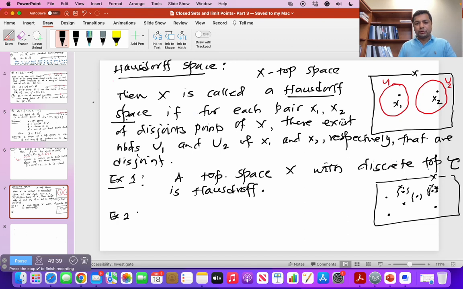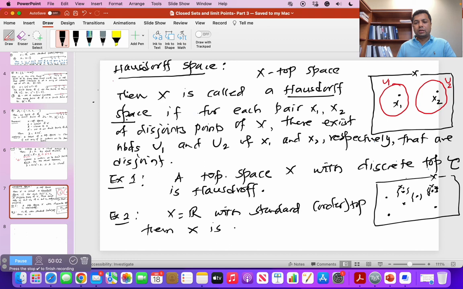In example number 2, let's say X is the set of real numbers with the standard or order topology. Then X is Hausdorff. It is easy to check this one. Let's say this is our real line, this side is positive infinity, this side is negative infinity.